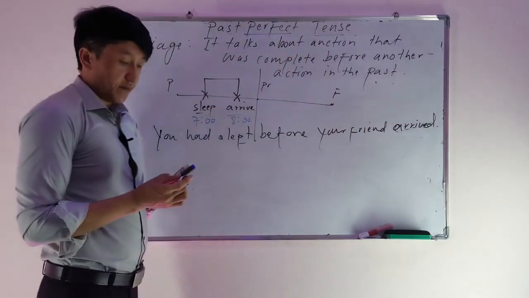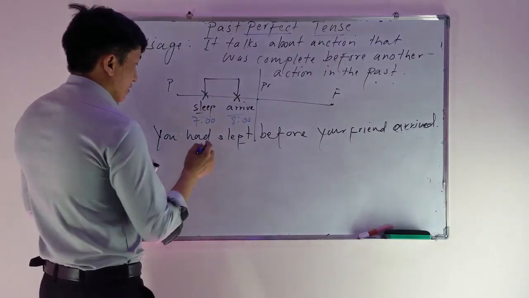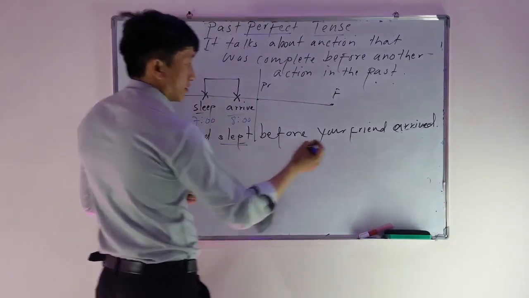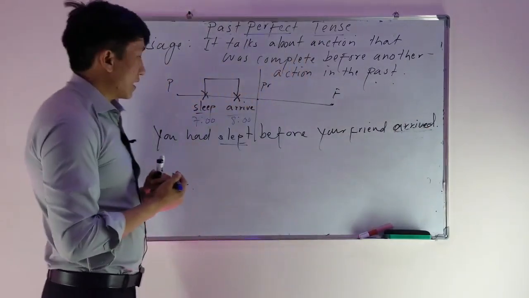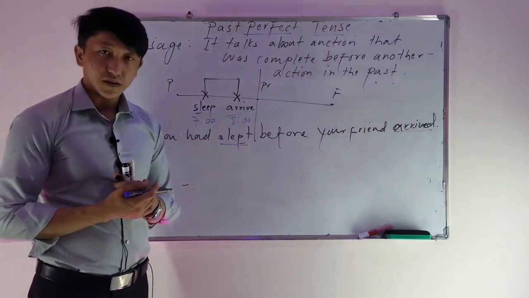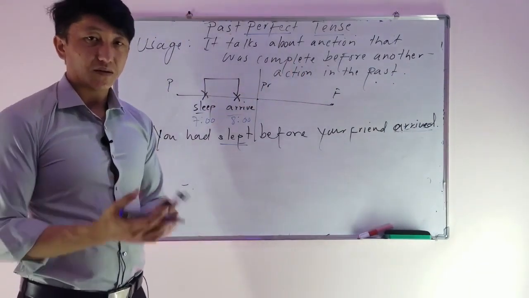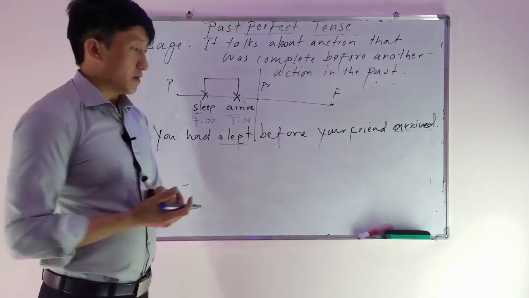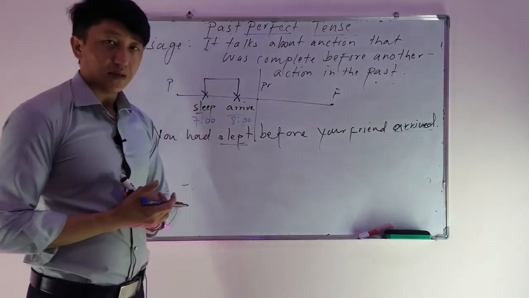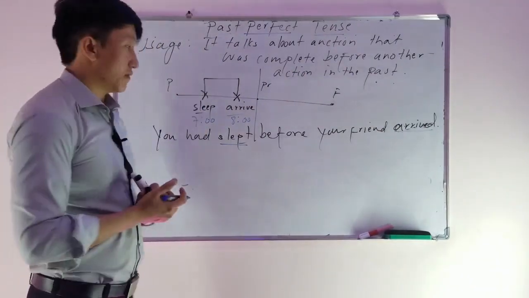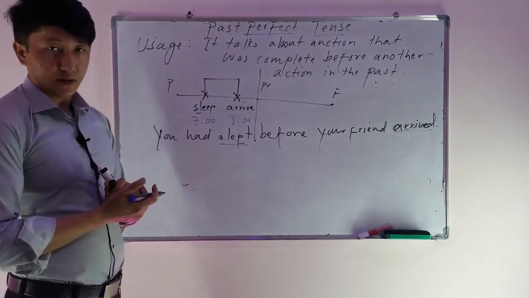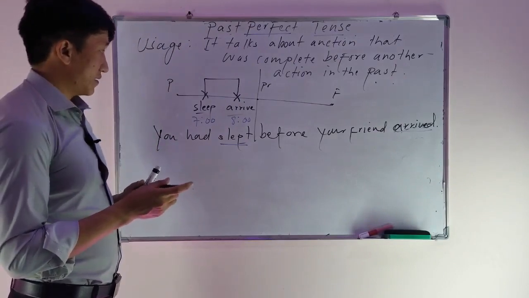Now we have two actions here. The first action is sleeping, the other action is arriving. The action of sleeping started at 7 o'clock. When your friend came at 8 o'clock, you had just woken up. So the action of sleeping started and completed before the action of arriving in the past. This is called past perfect tense.